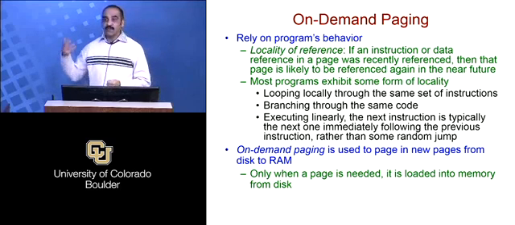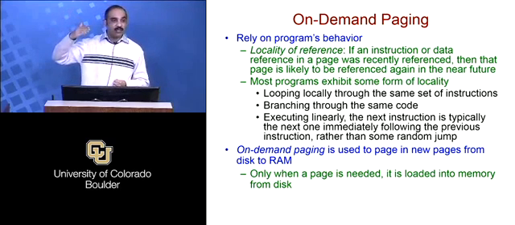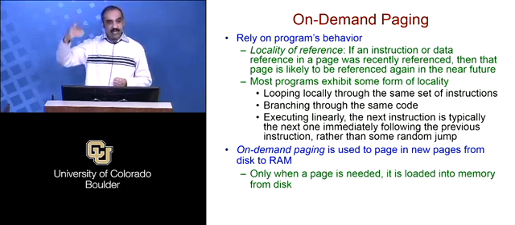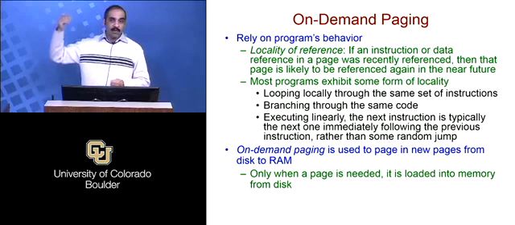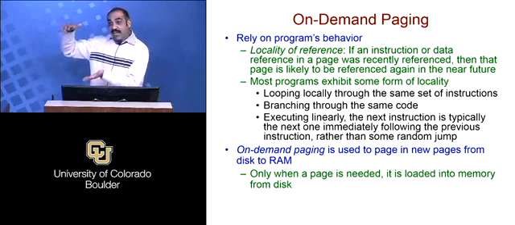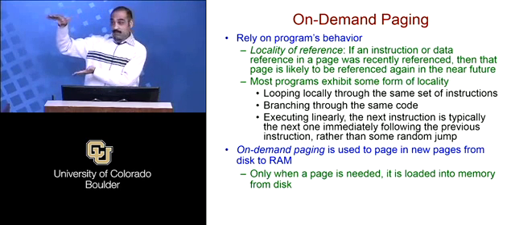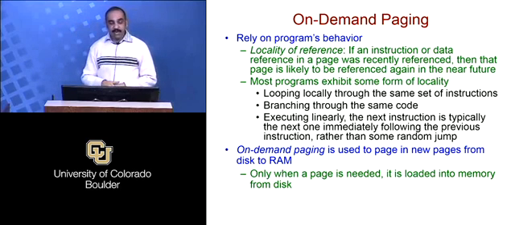The majority of the programs that we write are typically sequential in nature. You access an instruction, then the next instruction, and the next instruction, and so on. Okay, or let's say you are operating on an array. So you operate on the first element of the array, then the second element, then the third element. The entire array probably will be stored contiguously in one of the pages. Okay, so that's basically the intuition behind this.